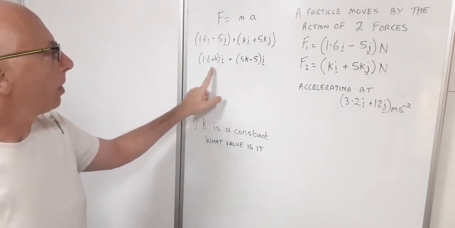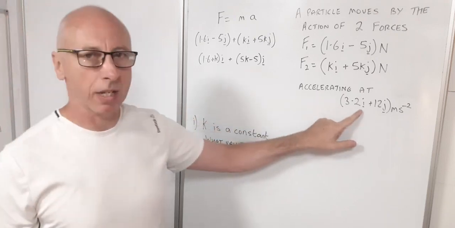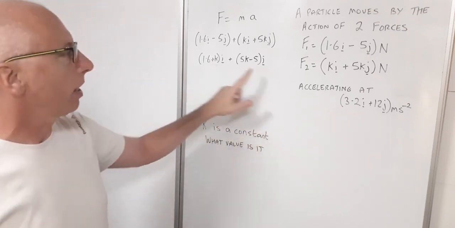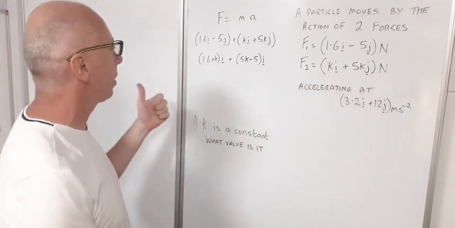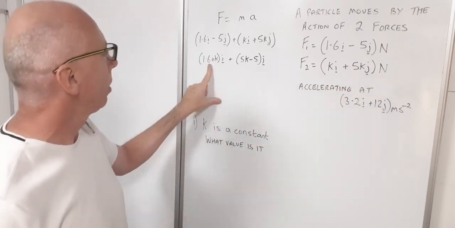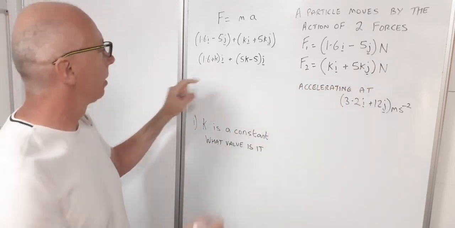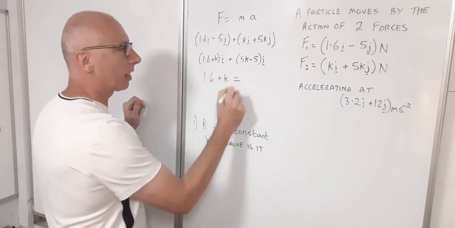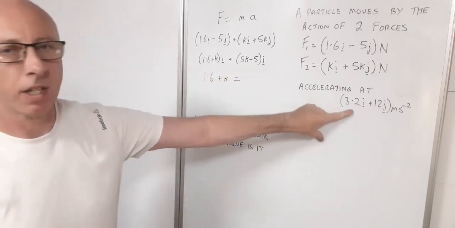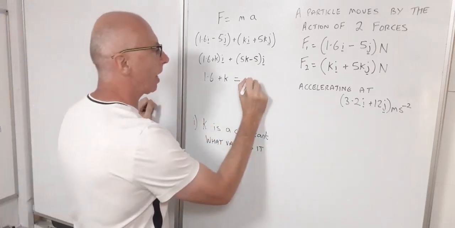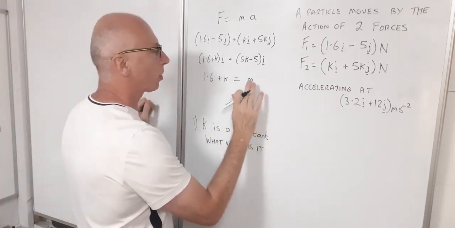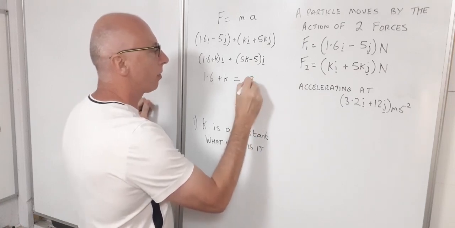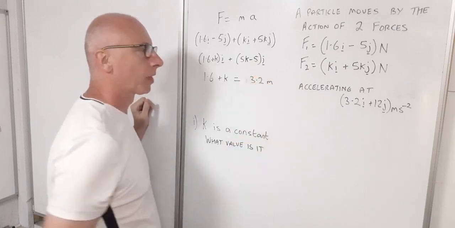Okay, now we know that force equals mass times acceleration. So here, as it's given in newtons, what we can now set up is that 1.6 plus k equals mass times 3.2. So it's m times 3.2, and I'm just going to write that the other way around, 3.2m.